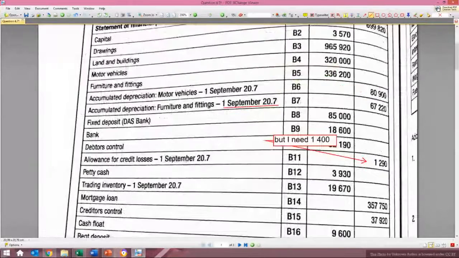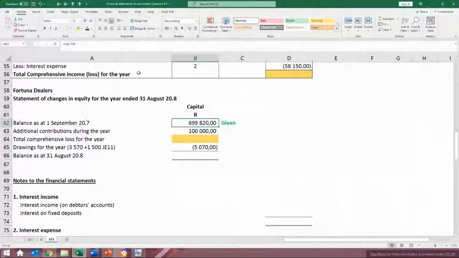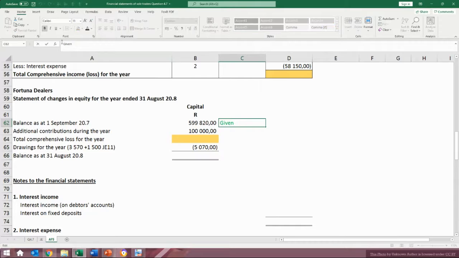That would mean this capital amount in here includes the additional 100,000. So when I do this calculation, I need to subtract it off here. The amount given in the additional information, less the 100,000, will give you the 599.